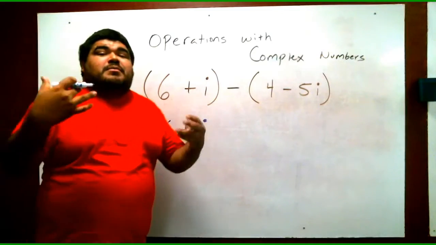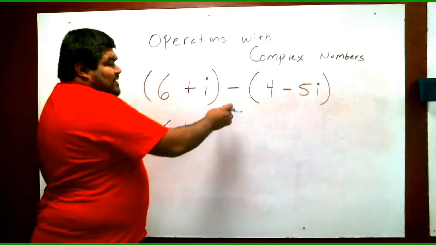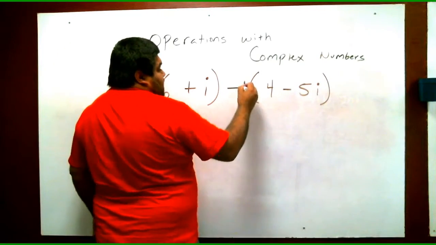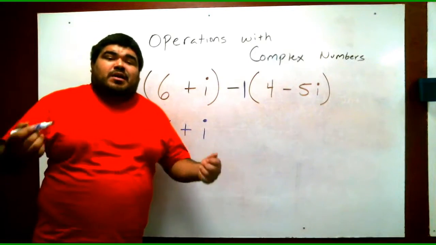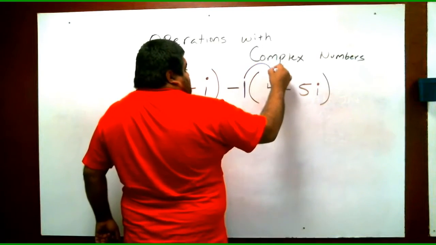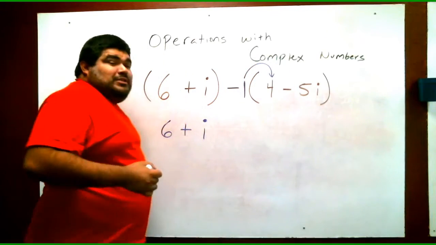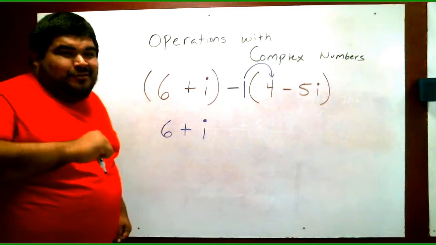Here's probably the tricky part. All you have to really know is that whenever you have a negative, you have a 1 outside the parentheses. This is what we do with the distributive property. We do negative 1 times 4, which is negative times positive, which is negative, right? Hopefully you know the rules by now.